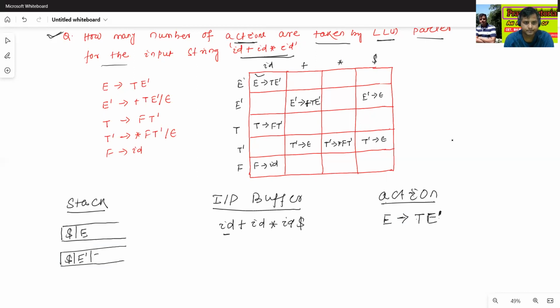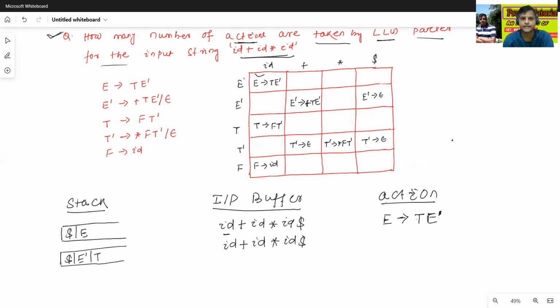The stack is dollar E prime T, and the input is ID plus ID star ID dollar.